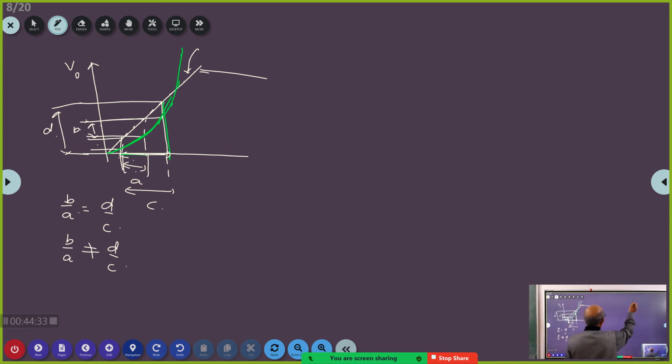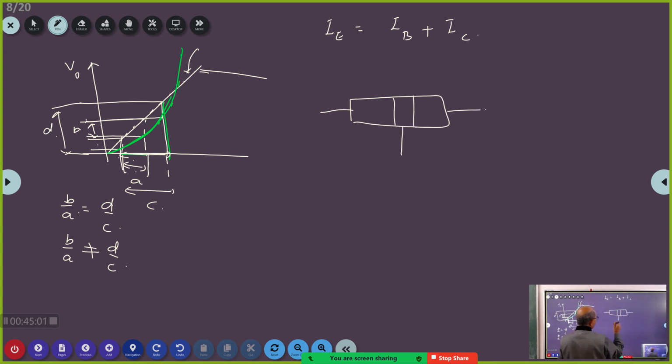Now, you see, I told alpha is equal to what? IE. Now let us understand the sign convention. IE, I wrote it as equal to IB plus IC. If you take a transistor, see, this is taken as a node only, no?